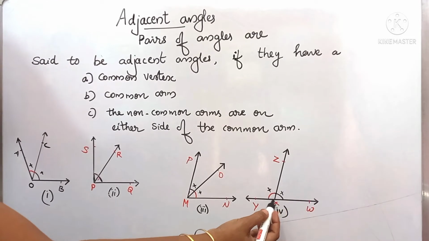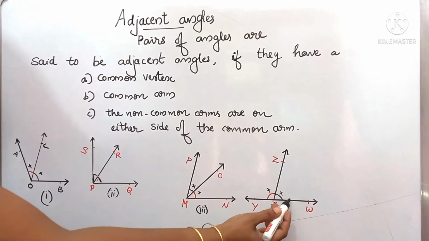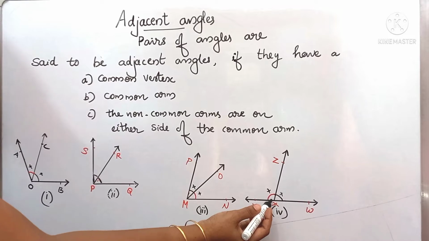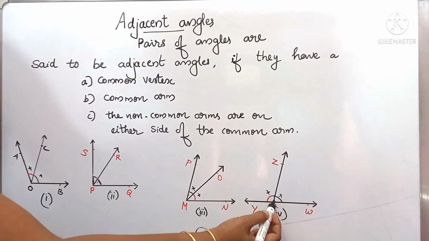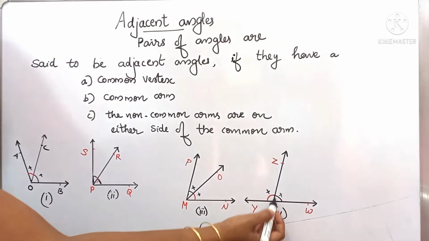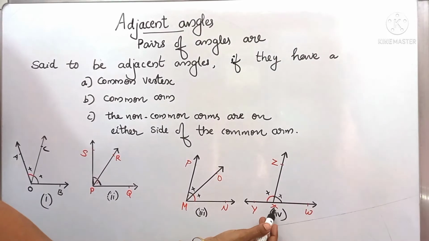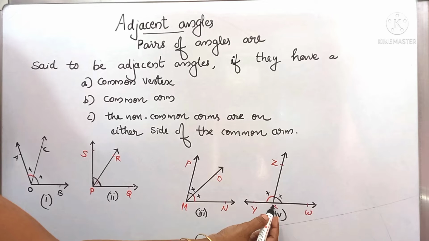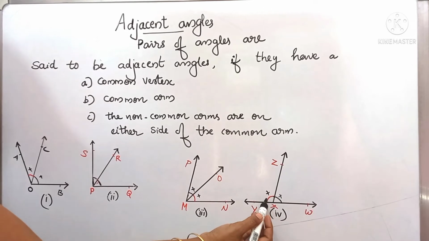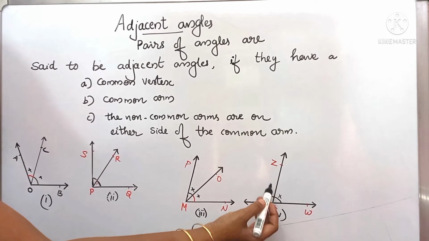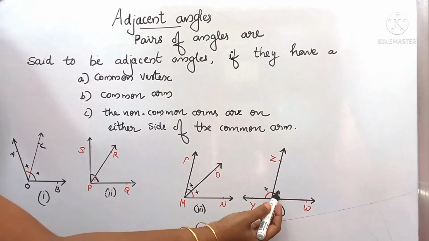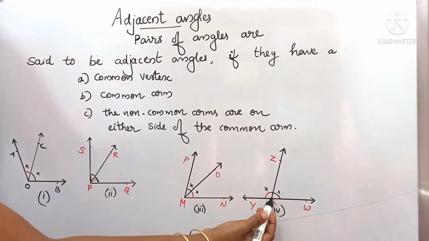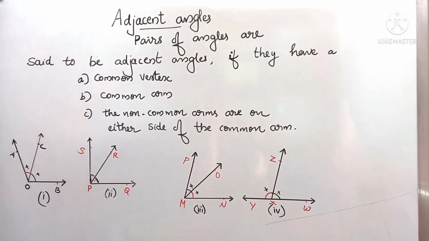The sum of these two angles is equal to 180 degrees because these are the angles on a straight line, and these two angles have a common vertex X and common arm XZ. From here we understand that two adjacent angles can be supplementary angles.